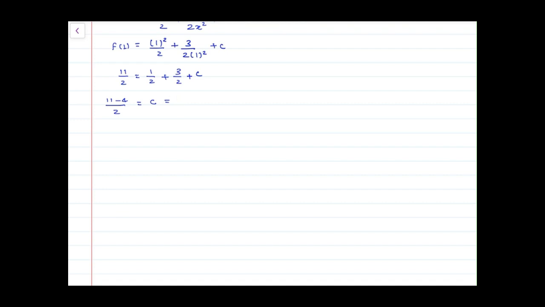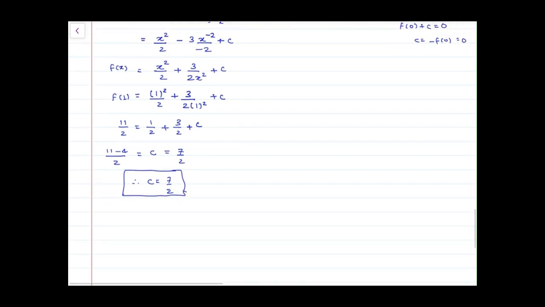So it's that simple, we can find it easily, right? Now you need to put this c in the equation f of x to get the complete equation of f of x, right? So it will be x square upon 2 plus 3 upon 2x square plus 7 upon 2.